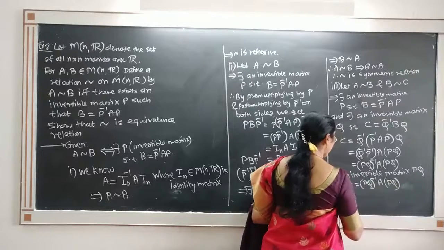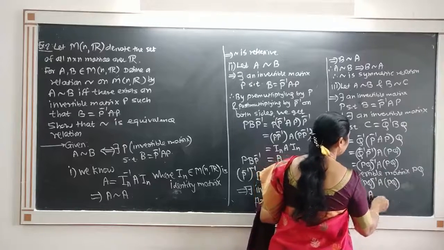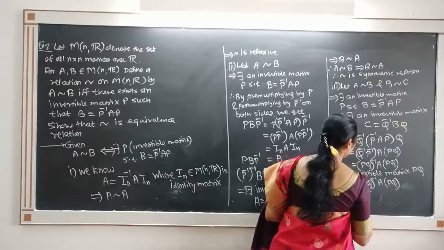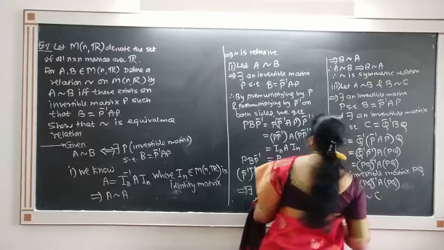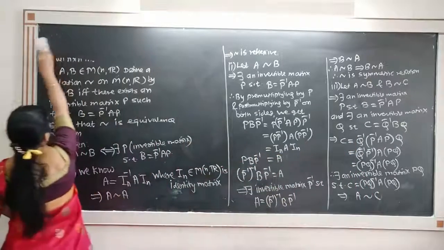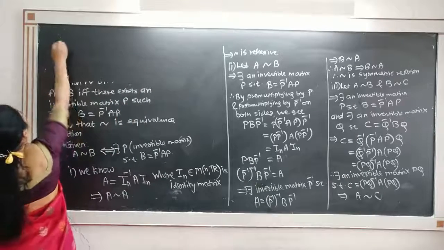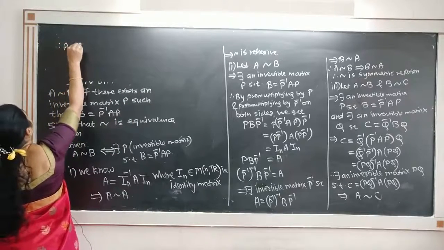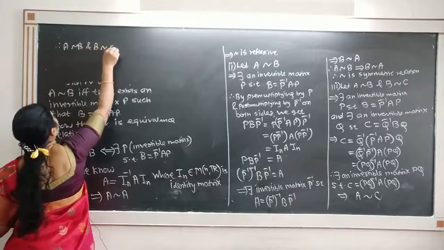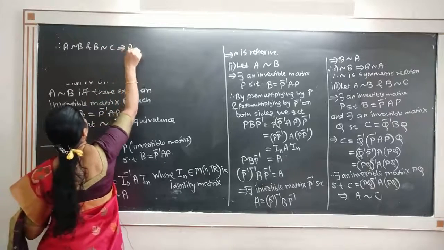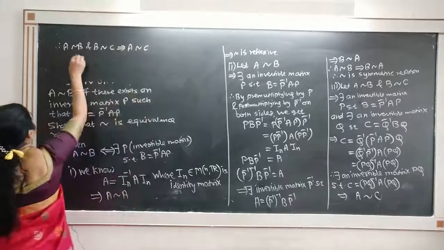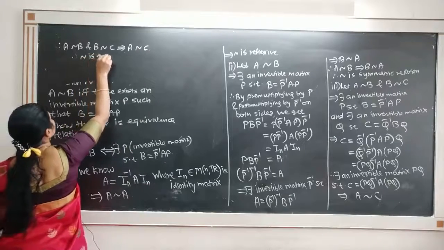This implies that A is related with C. Thus, A related with B and B related with C implies that A is also related with C, and therefore this relation is transitive.